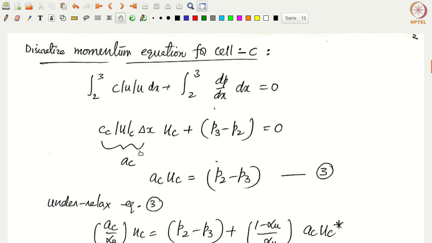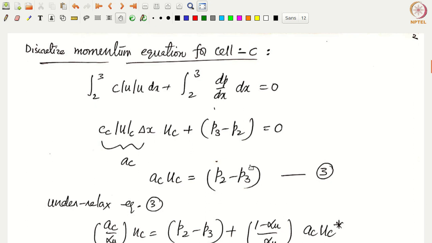If you denote this coefficient C_C mod u_C delta x as A_C, then we have A_C u_C equals P2 minus P3. Let's call this equation 3, which is the discrete momentum equation for cell C.